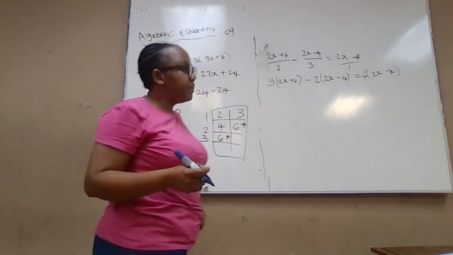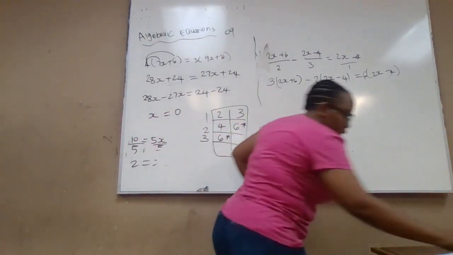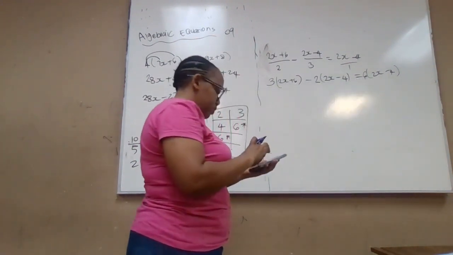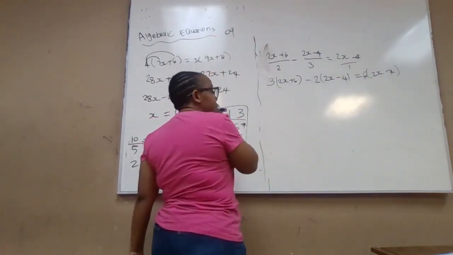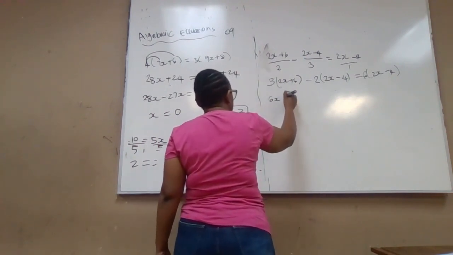Right. Now let's distribute. So 3 times 2x, 6x. 3 times 6, 18.